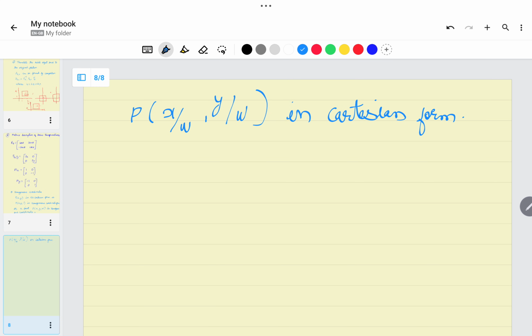Actually, in 2D, x comma y is on the z equal to 0 plane, but we project that to the z equal to 1 plane. That becomes homogeneous coordinates.